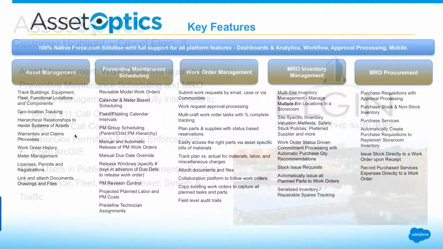And one of the key features around our inventory management function is that stock item inventory and assets are tied together so that you can track serialized inventory and solve the repairable spares business problem.